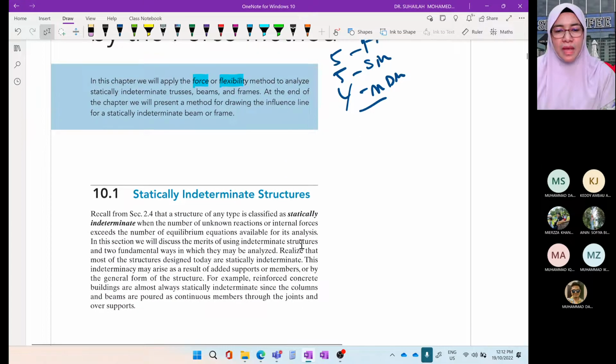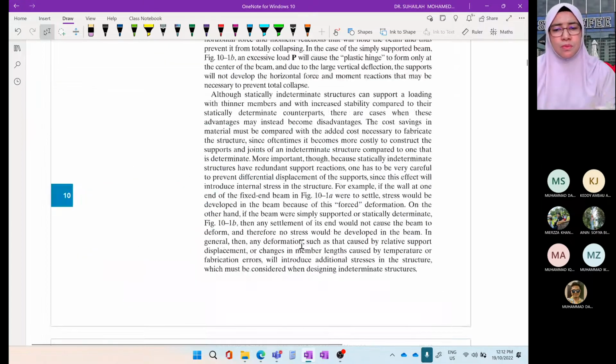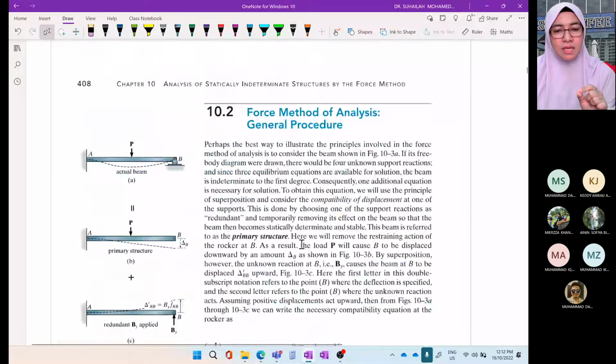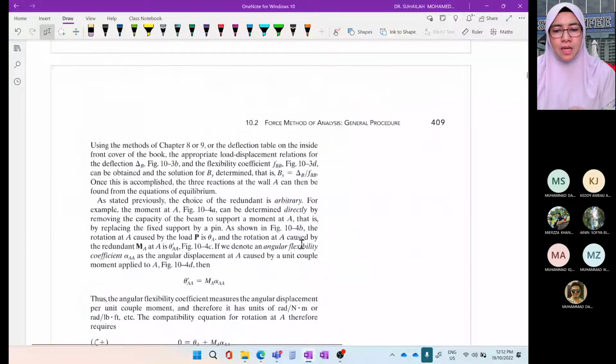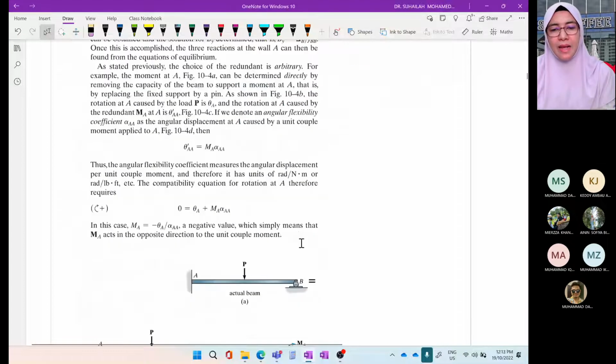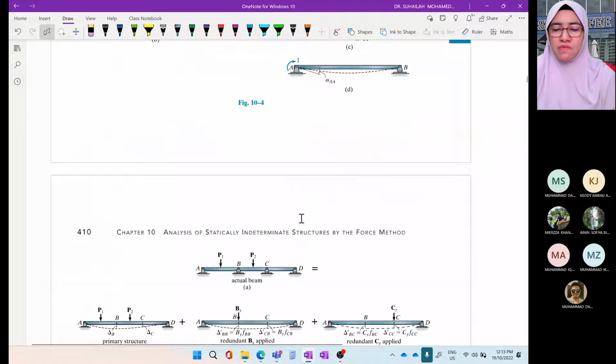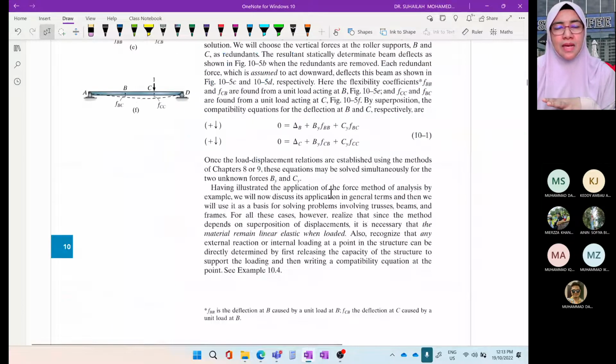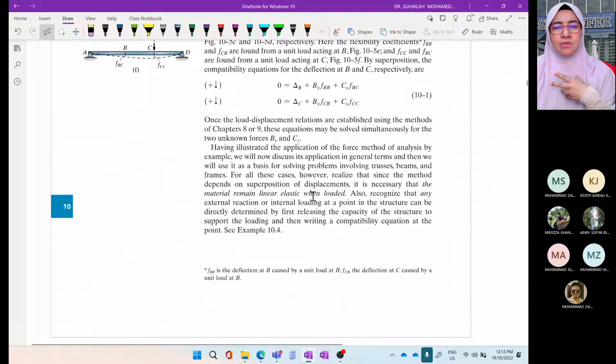Tetapi dalam buku teks, you boleh baca untuk gain understanding. Tapi solution dalam buku teks ni, simbol-simbol yang dia pakai ni, saya pun akan buat modification. Kenapa saya buat modification? Sebab saya nak give you clear picture and saya nak bagi you the simplest step that I can give, that I can guide you.